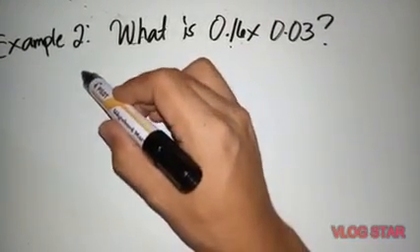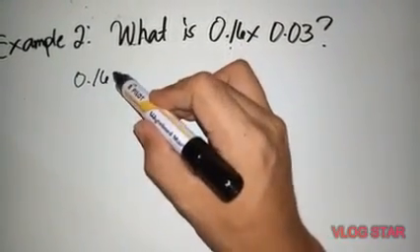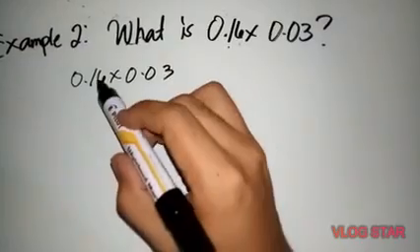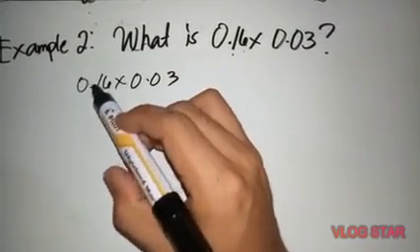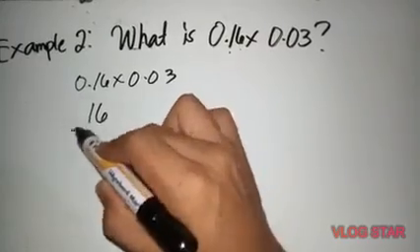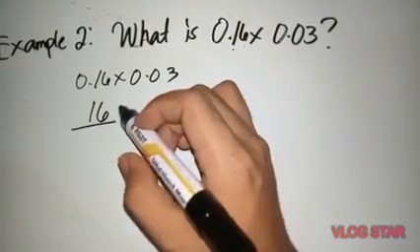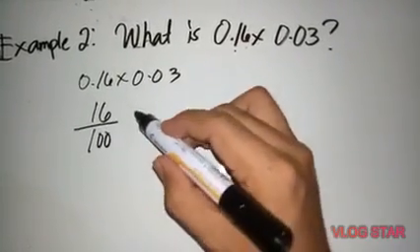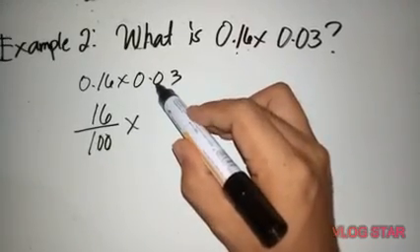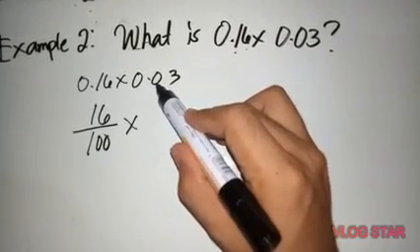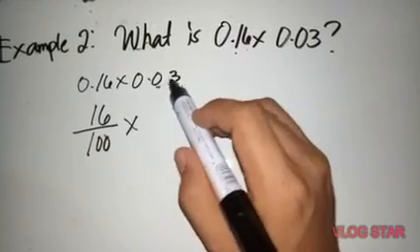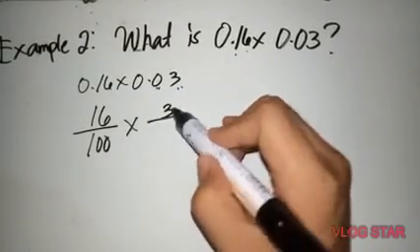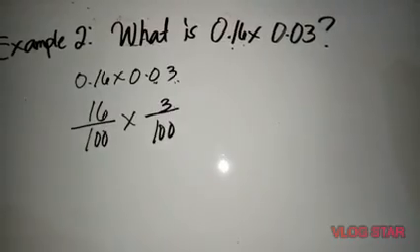So we can rewrite this one in fraction form as 16 over 100, times this one, we read this as 3 hundredths, or we can write this one as 3 over 100.